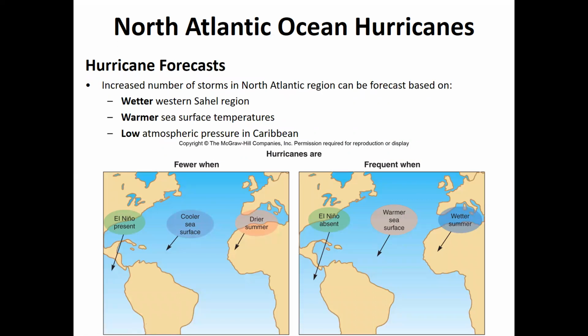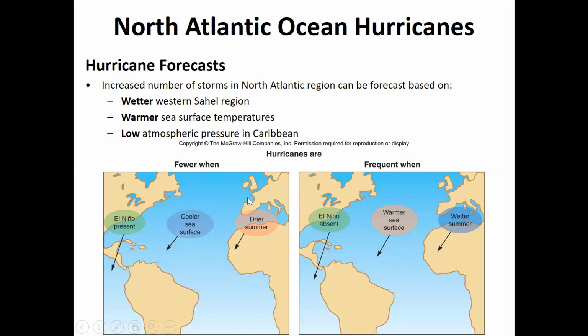So hurricane forecasts, whether a season is going to be very active or not, can be based upon several factors. If you have a wetter western Sahel region, which is the western part of Africa, warmer sea surface temperatures, and low atmospheric pressure in the Caribbean, then we have a recipe for a more active hurricane season.